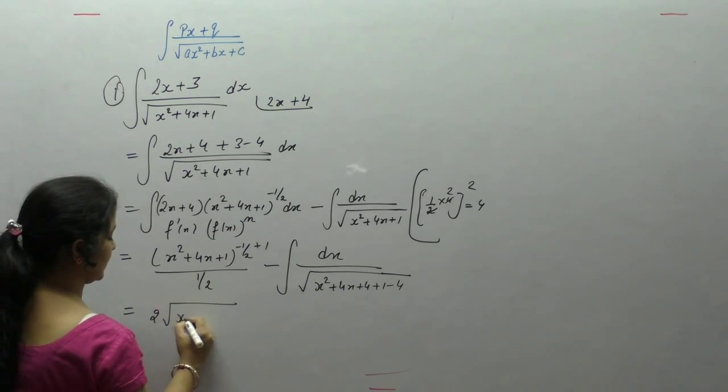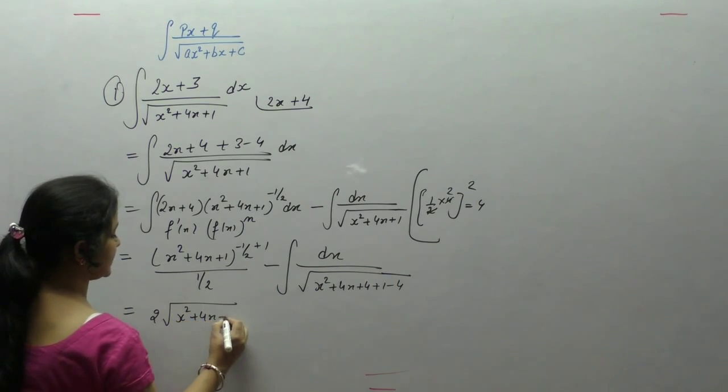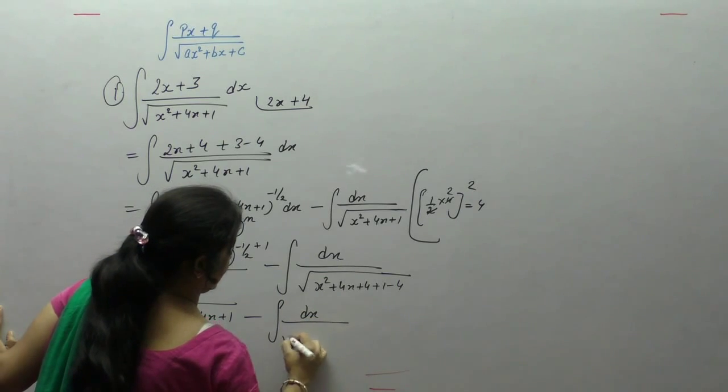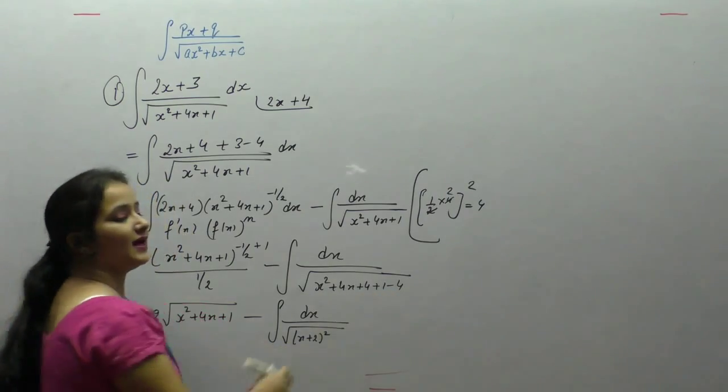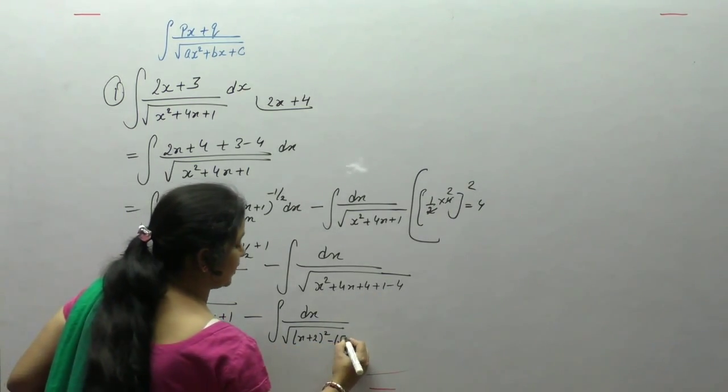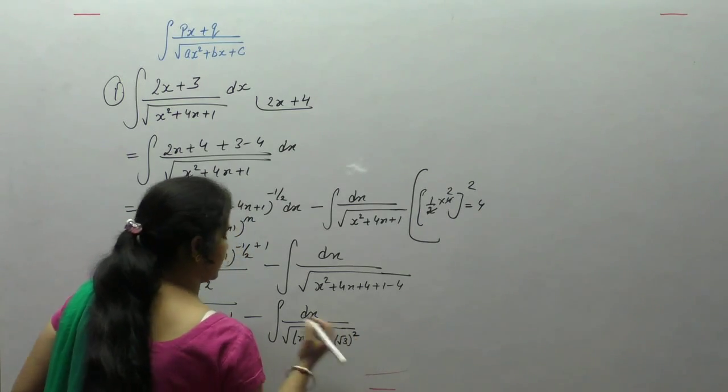2 into square root of x square plus 4x plus 1, minus dx upon square root of x plus 2 whole square, 1 minus 4 is minus 3. We can write 3 as square root of 3 square.